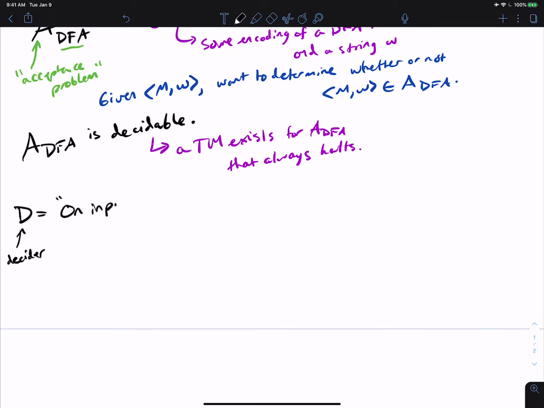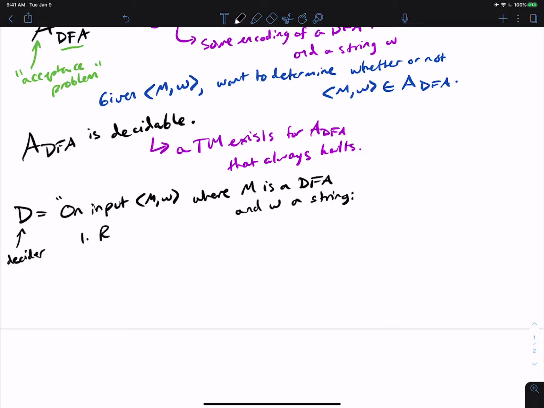So on input MW, and we should always be clarifying what M and W represent, because this could be representing some other machine and input, where M is a DFA and W a string. I don't know whether or not at this point W is in the language of M yet, but I know it's a string at this point.